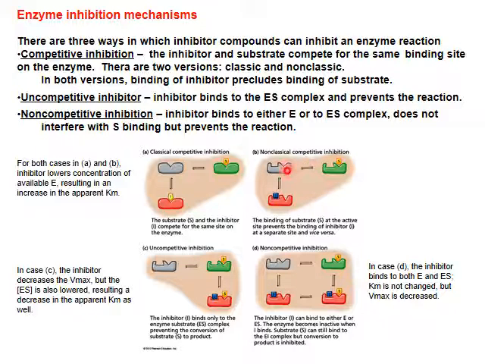This is E. And this is the EI complex here. But I is not binding to the active site. It's binding to a site on the free enzyme form that's not occupied by the substrate. So it effectively does the same thing in terms of taking out free enzyme and occupying it where the substrate can't bind to it. And so it's also competitive because it's competing with the same enzyme form as S.